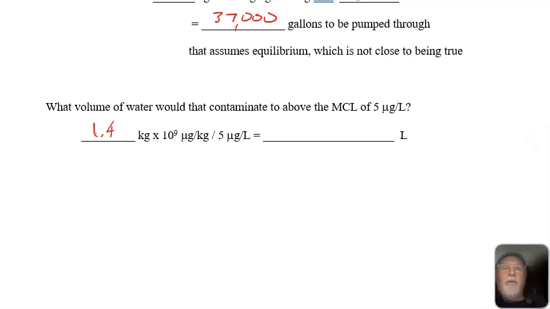So if I take 1.4 kilograms times unit conversion 10 to the 9th micrograms per kilogram, divided by 5 micrograms per liter, that's 3.7 times 10 to the 8th liters that are contaminated with that 1.4 kilograms of benzene, contaminated to the MCL, or that's 370 million gallons.